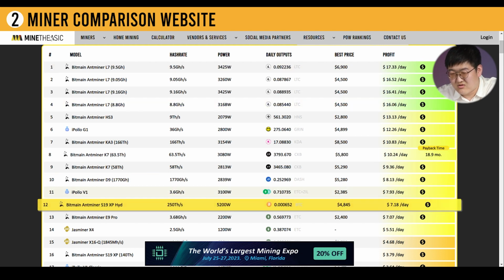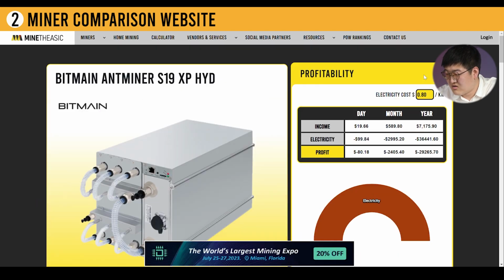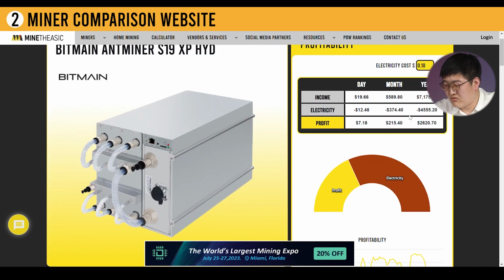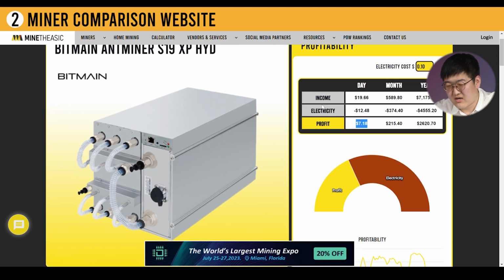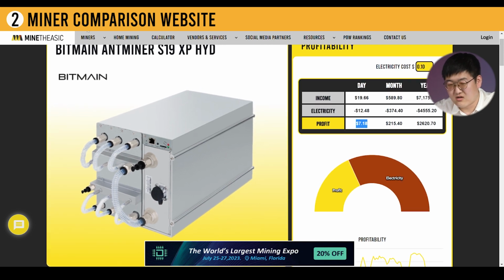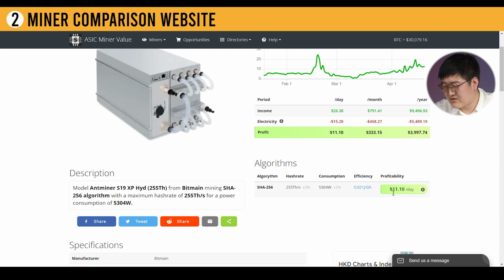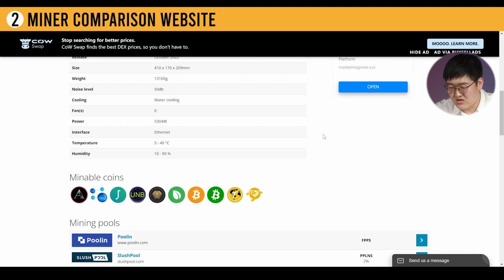I'm not sure whose data is wrong. Let's set it back to 0.1. If the electricity cost is 0.1 per kilowatt hour, the profit here in MyZ ASIC is at $7, but in ASIC miner value it says it's earning more than $10 per day. I'm not sure whose database is wrong.